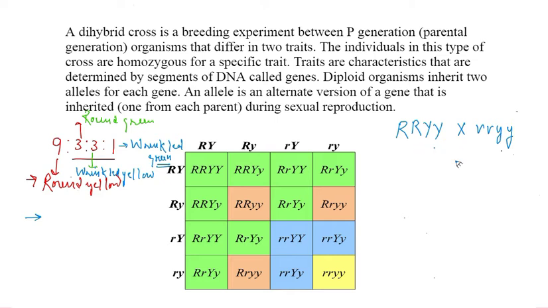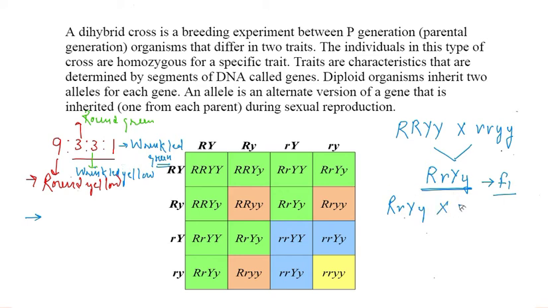And here in the first filial generation, all the plants have round shaped and yellow colored seeds, because they are the dominant characters. And when the F1 plants are selfed, then the F2 ratio is obtained like this: 9 is to 3 is to 3 is to 1.